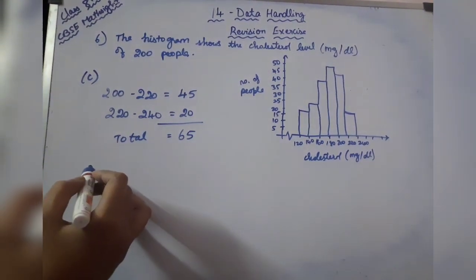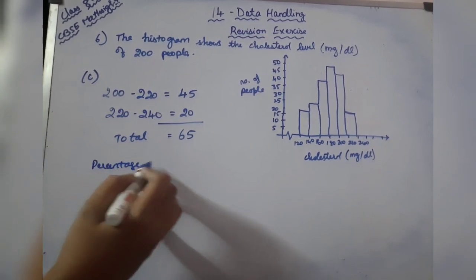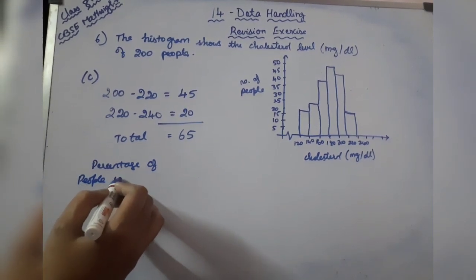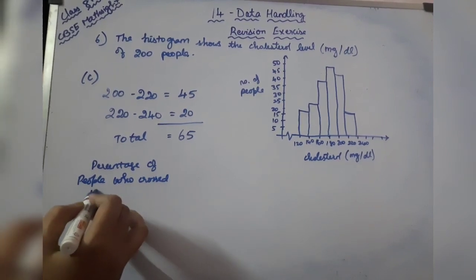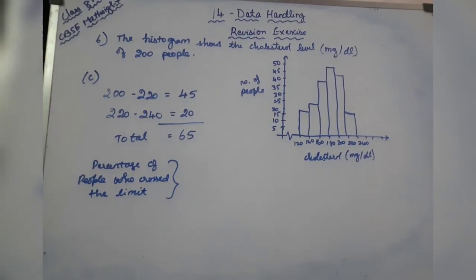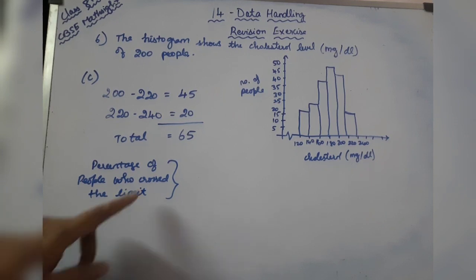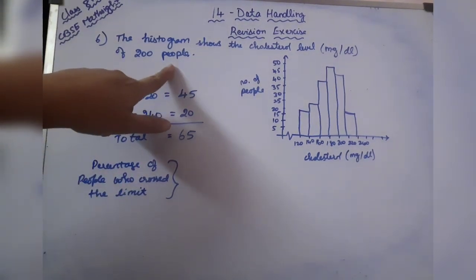Now we have to find the percentage of people who crossed the cholesterol limit. We have 65 as the value, out of 200 people in total.